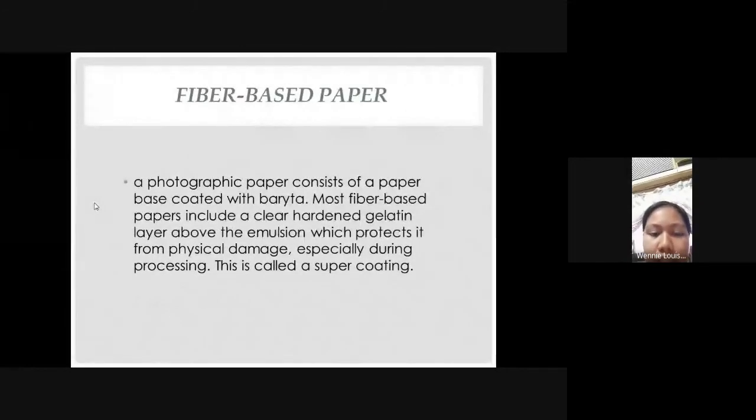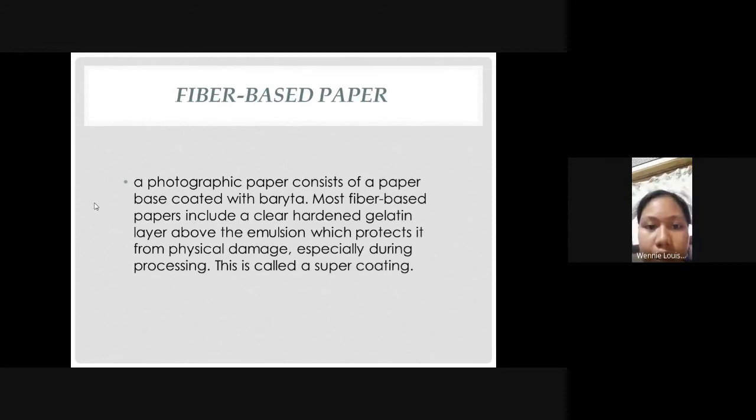Fiber-based paper. Fiber-based paper is a kind of photographic paper. Consists of a paper base coated with baryta. Most fiber-based papers include a clear, hardened gelatin layer above the emulsion, which protects it from physical damage, especially during processing. This is called the super coating. So, fiber-based paper is a kind of photographic paper that consists of baryta layers.